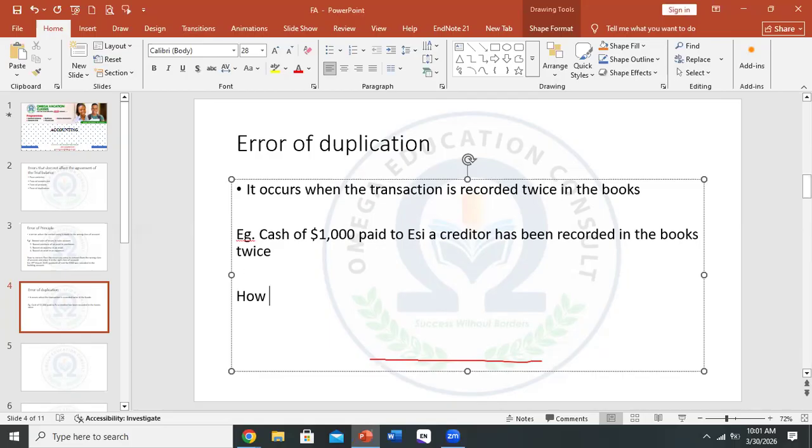Please, who will tell me how to correct this error? How do we correct this error? Yes. Please feel free and talk. Okay, I'm going to call a few people to attempt. Prof. Zoe, so the transaction has been recorded twice. How do we correct it? Or what do we do to correct it?